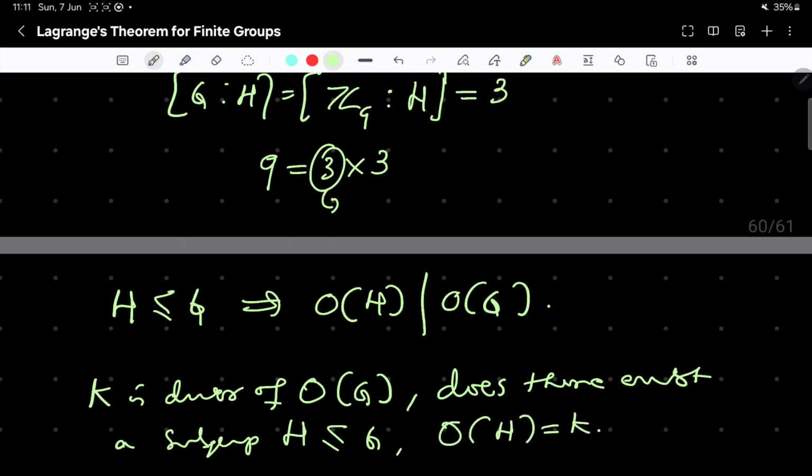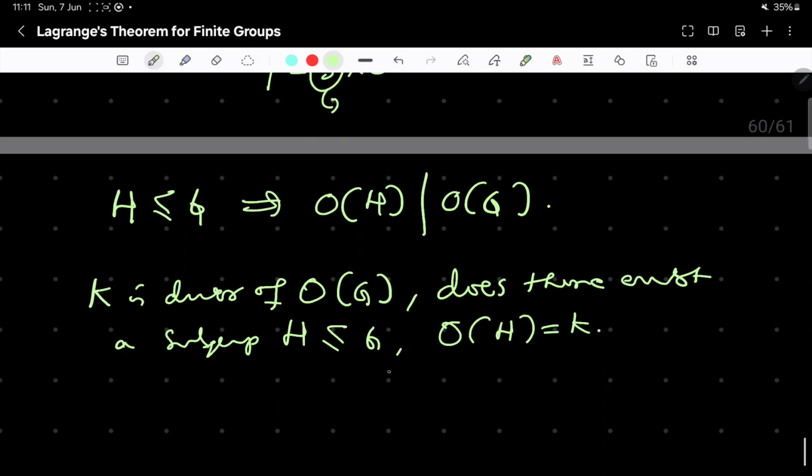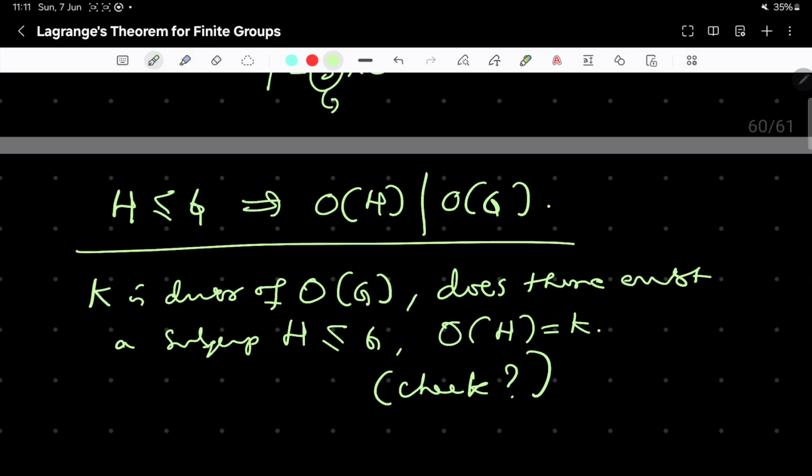So this is the converse of that statement. Check whether it is true. What we proved is called Lagrange's theorem. Now my question is, if K is a divisor of the order of G, does there exist a subgroup H such that the order of H is equal to K? So try this. That's the end of that module.